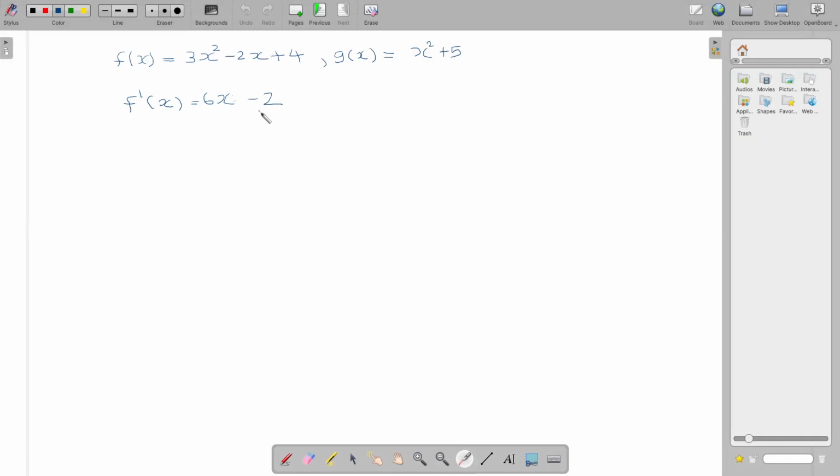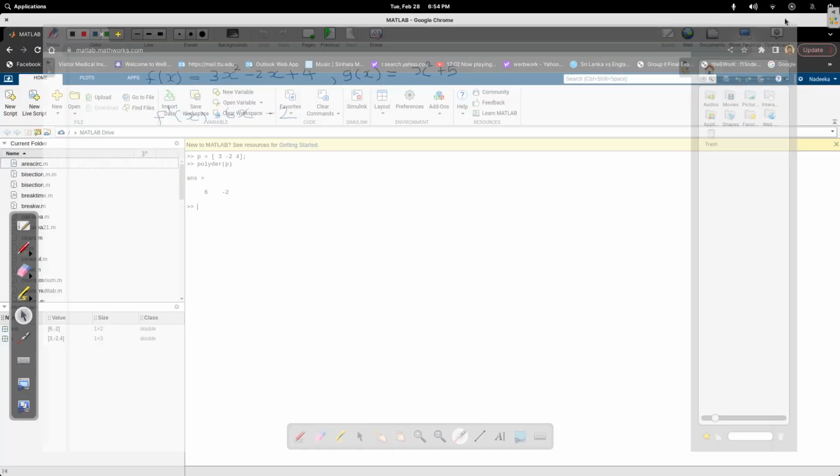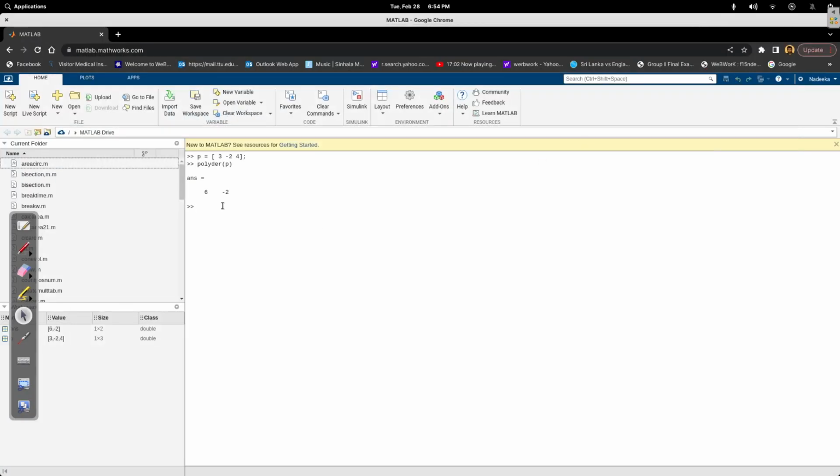Okay, then I can use polyder to differentiate a product of polynomials using the product rule, and I get the result when I simplify it.